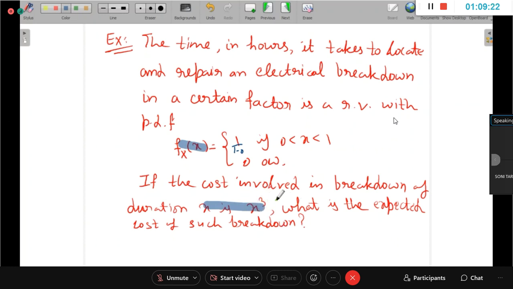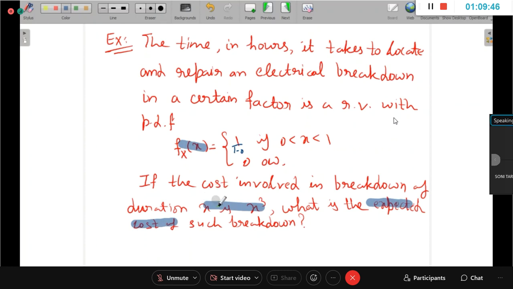So I'm going to show you here that in the case of continuous also the situation will be the same. In order to do so, you are trying to find the expected cost of such a breakdown. Cost is related to the time by x cube.